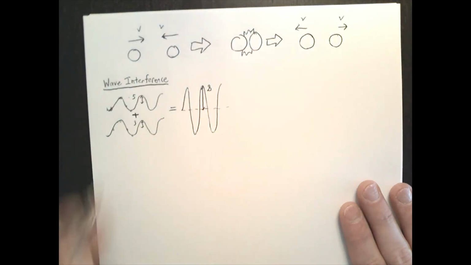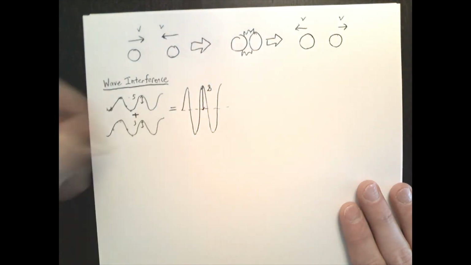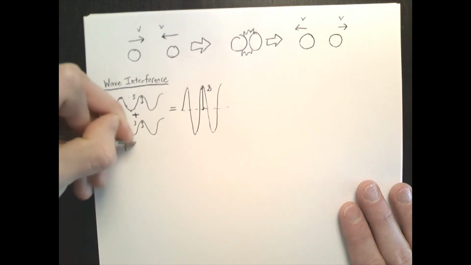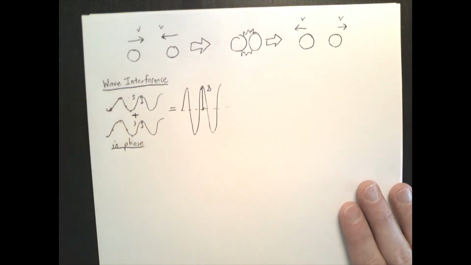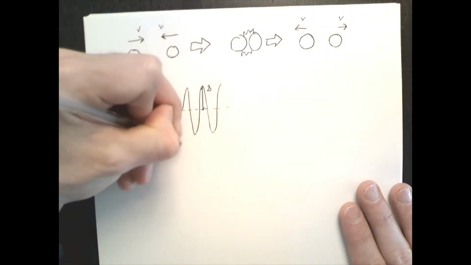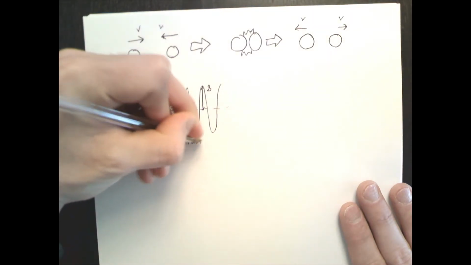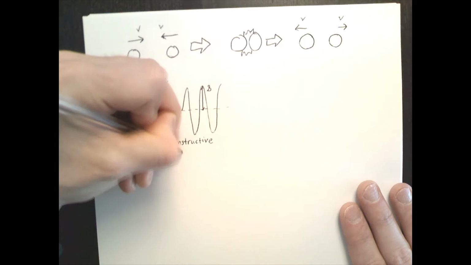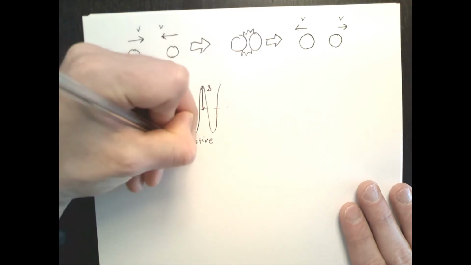So that's it. Waves that are together, we call this in phase. They add together at every point, giving you a wave essentially twice as tall. So in this sort of mode of interference, we call this constructive interference because the waves are building each other up. They're constructing a larger wave.